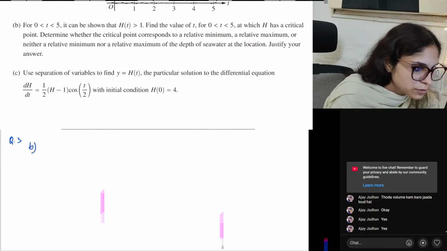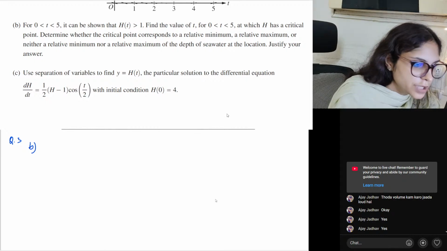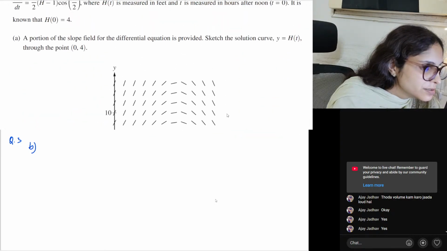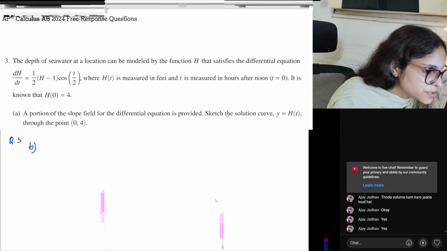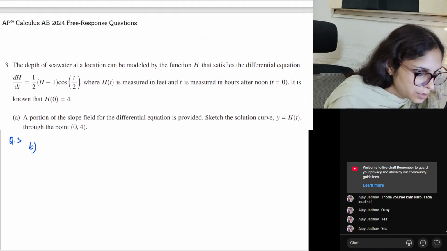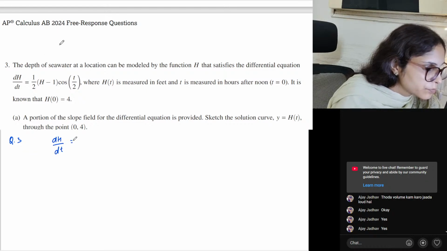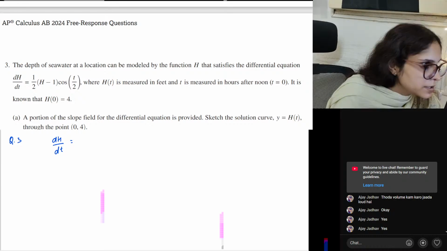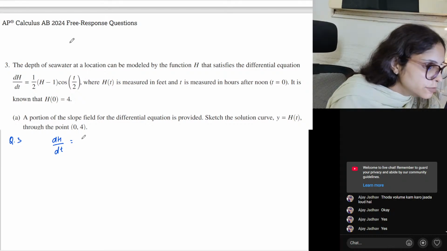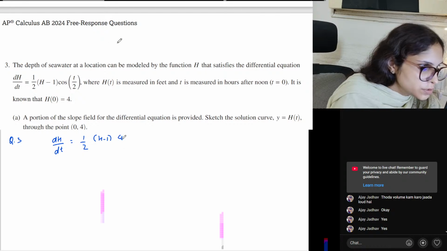So let's go ahead. For that, I would need to see the question and write whatever is given to us. So before part B, I will just write dh over dt is given as 1/2 (h minus 1) cosine t over 2.